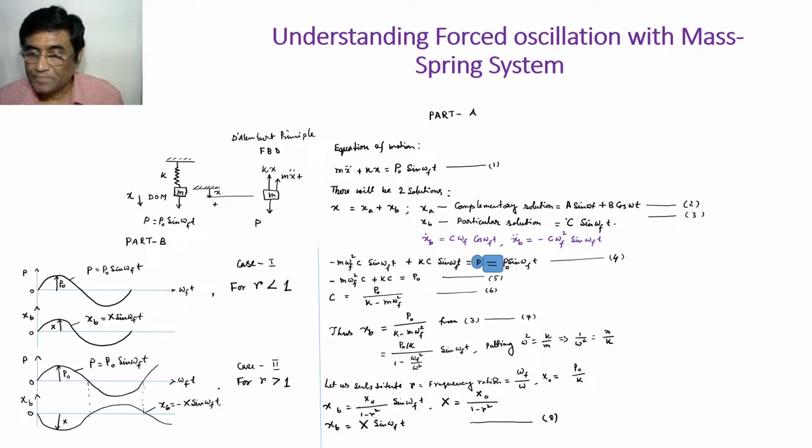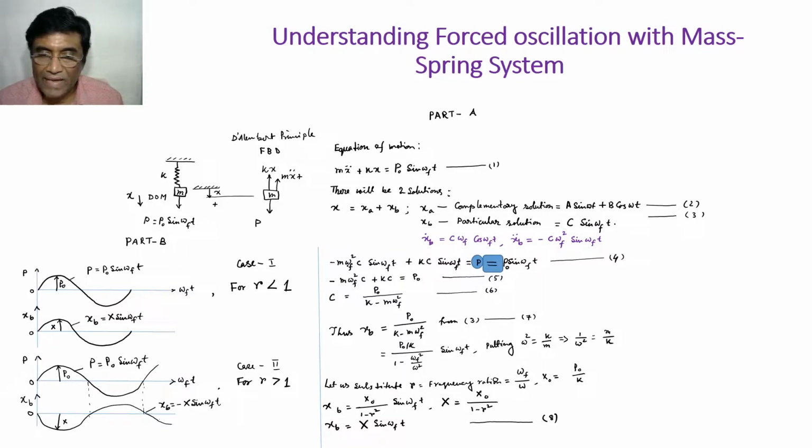As usual, if this is the particular solution, and the complementary solution we have already deduced earlier, then this will have to satisfy the equation. So differentiate: x double dot equals minus C omega f squared sine omega f t. Then I am putting these values in place of x, xb.